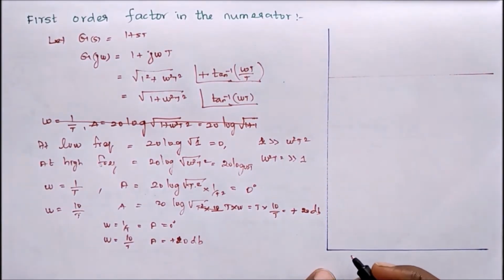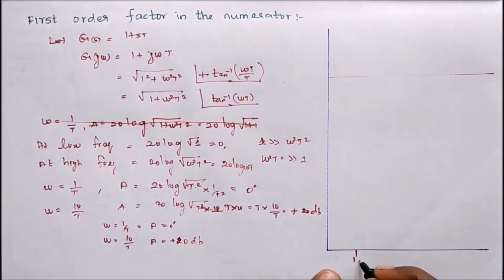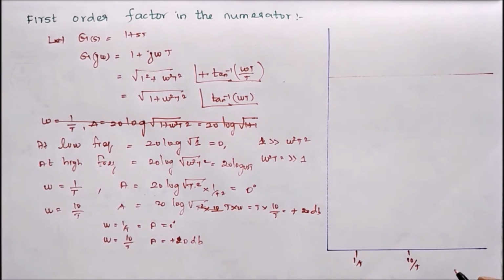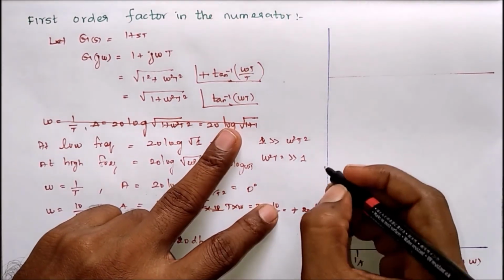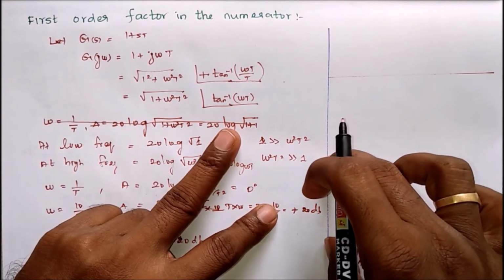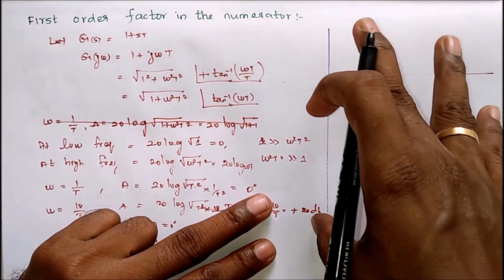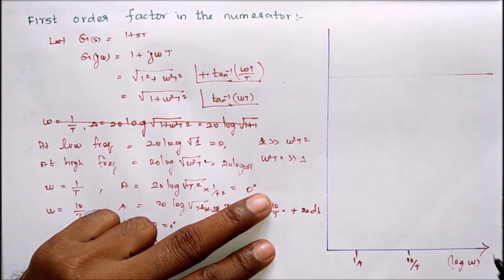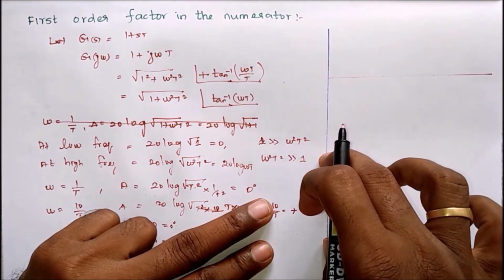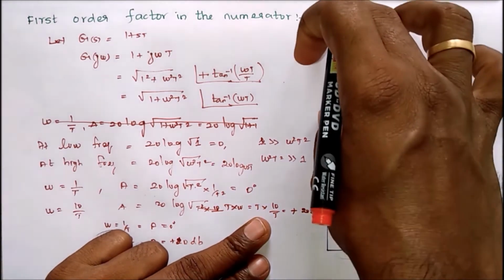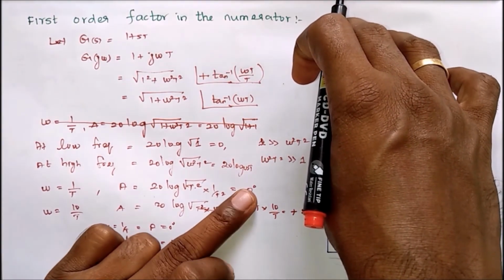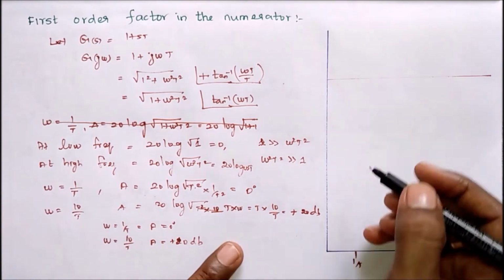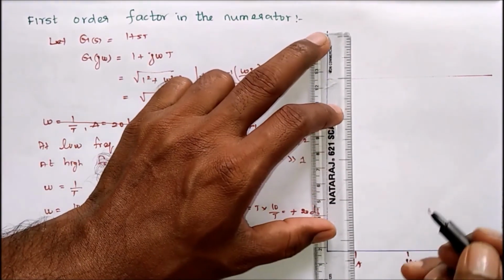Now we consider on the x-axis omega equal to 1 by T, and here omega equal to 10 by T. The common x-axis is logarithmic omega. It consists of two graphs on the same x-axis. In the bottom portion we draw the phase plot, and in the top portion we draw the magnitude plot.